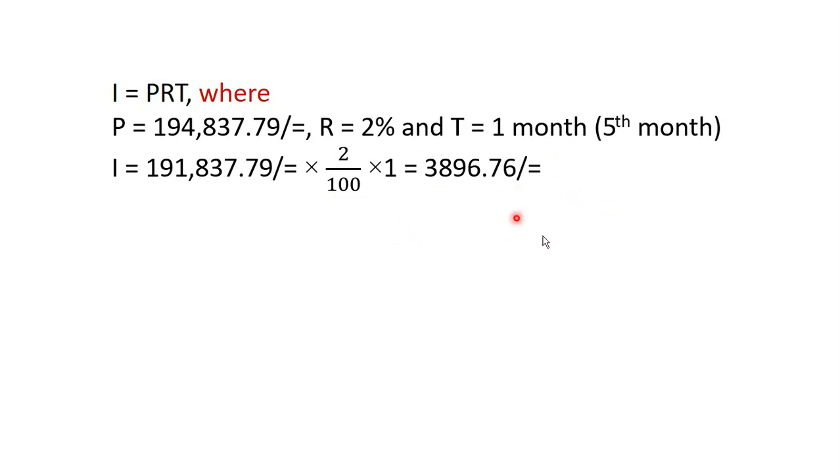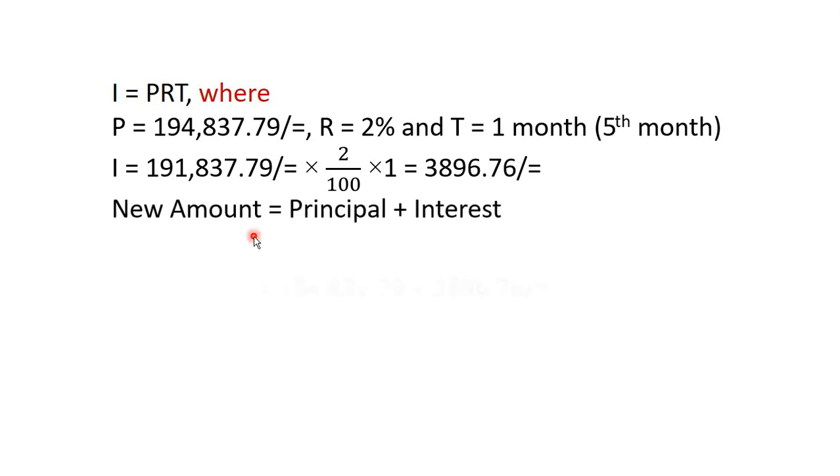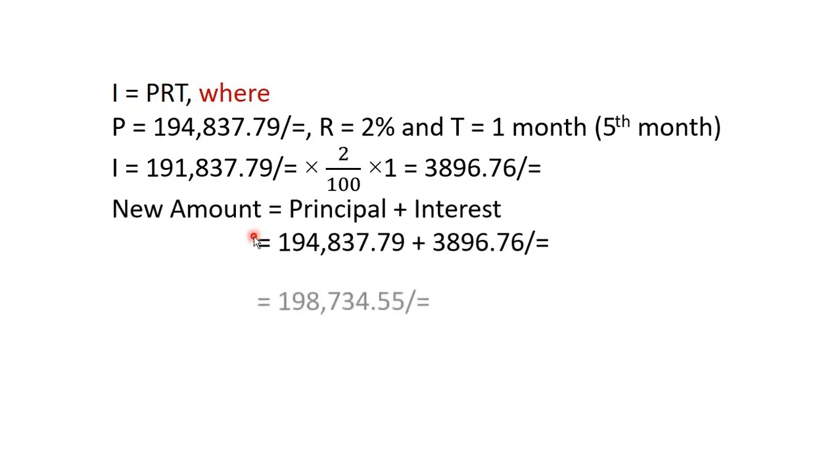And we can get the new amount in the 5th month, which is the principal plus the interest. When we add the principal and the interest, we shall get 198,734.55 shillings. Now this new amount in the 5th month becomes the new principal for the 6th month.